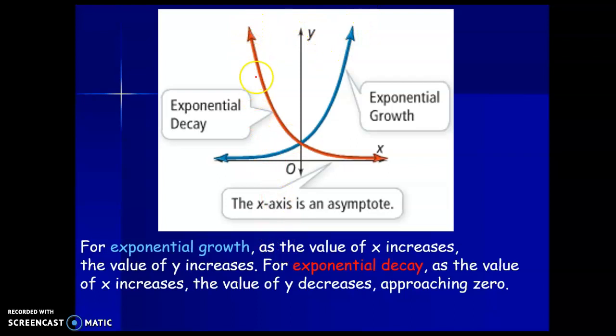For exponential decay, as the value of x is getting larger and larger this way, your y is getting closer and closer to 0. It is not going to hit 0. The x-axis is an asymptote, like I told you before. But it is going to get as close to 0 as it possibly can.